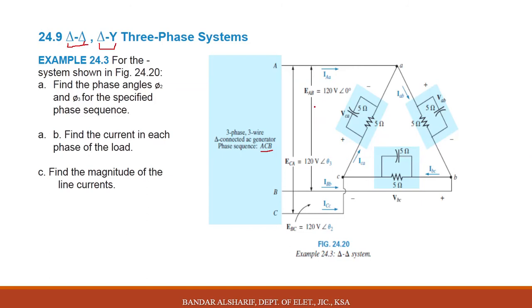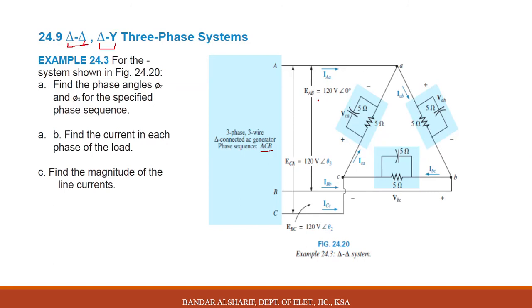We need to find the phase voltage across each impedance, and then divide this voltage by this impedance. You can see here the resistor is parallel with the capacitor. We need to find the total impedance for each phase alone, and then divide the phase voltage, not the line voltage.